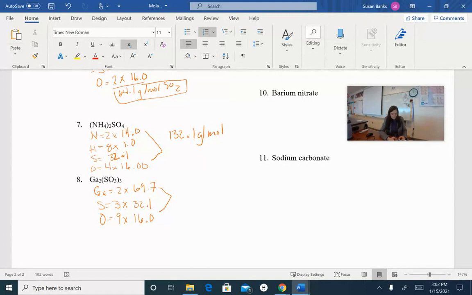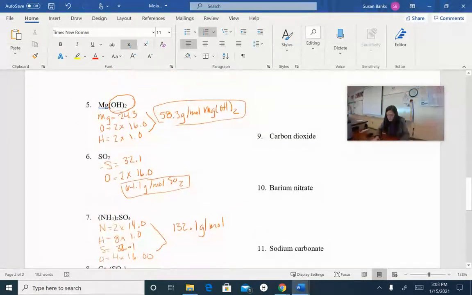Plus 3 times 32.1 plus 9 times 16. That will give us a molar mass of 379.7 grams per mole for the gallium 3 sulfite. Okay, how'd you do?